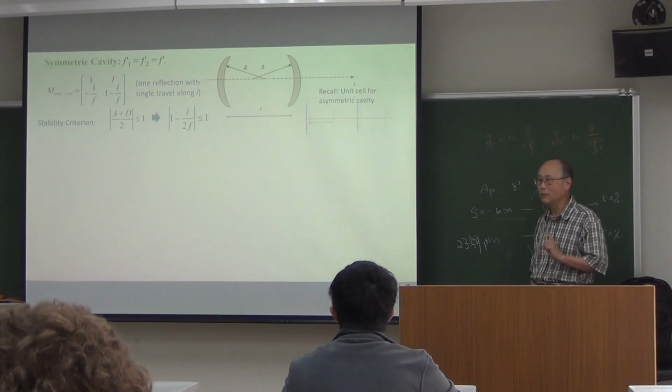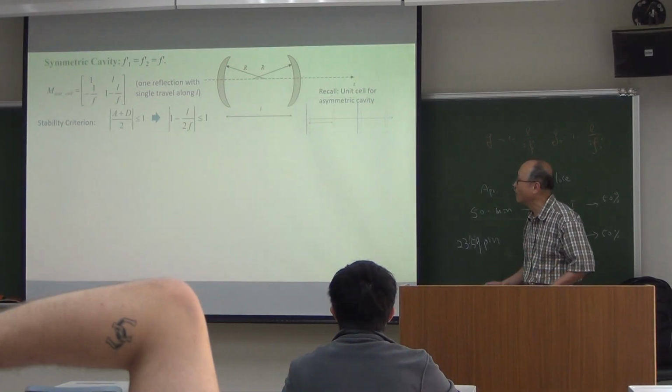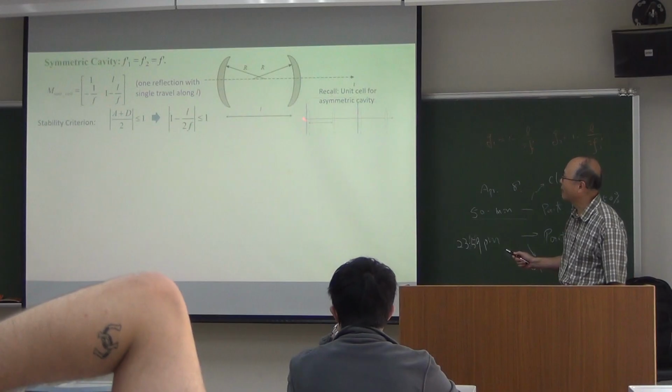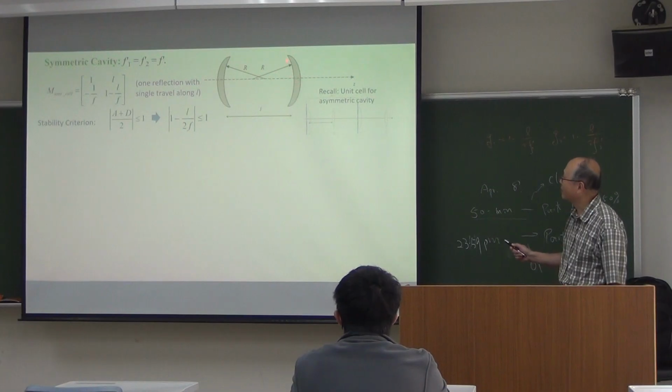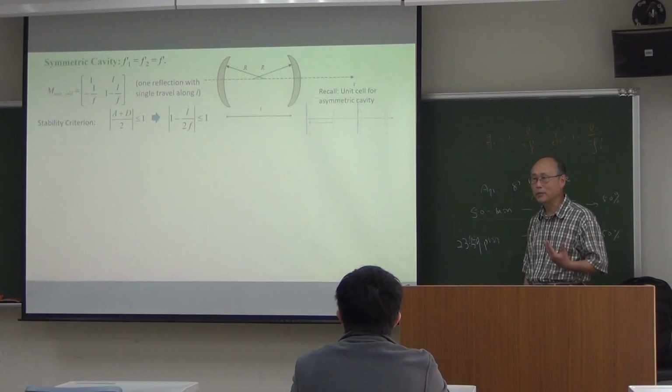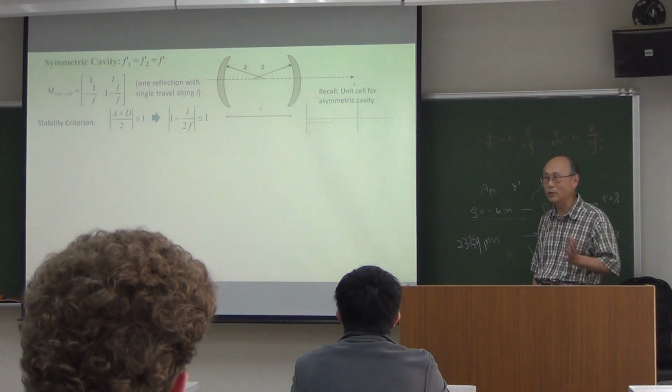It's not a round trip propagation anymore, because one unit cell is defined as the ray propagation from this mirror to the boundary of the second mirror. So every unit cell represents a single trip propagation, not a round trip propagation.